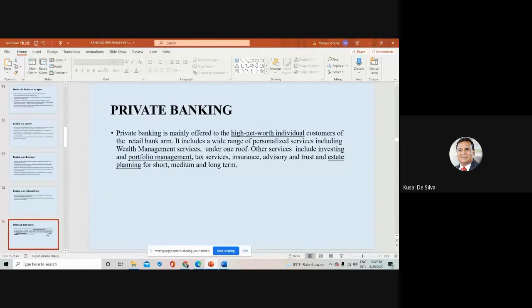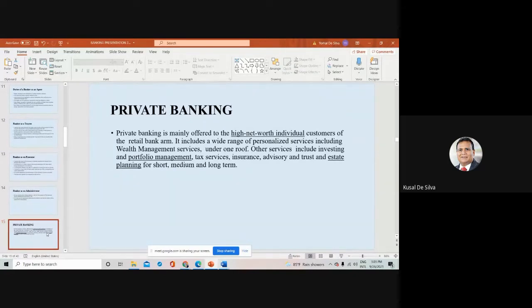Then we will move to private banking. All the banks, for that matter, have a very exclusive unit to cater to their high net worth customers, because their bargaining power is high. They demand many things from the bank to cater to their diverse requirements.